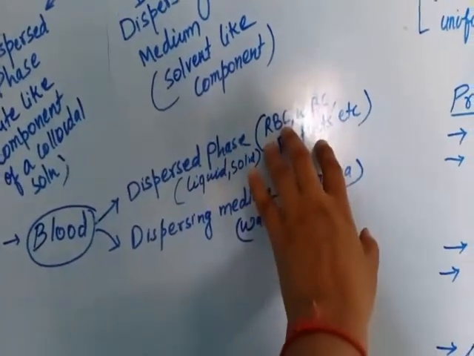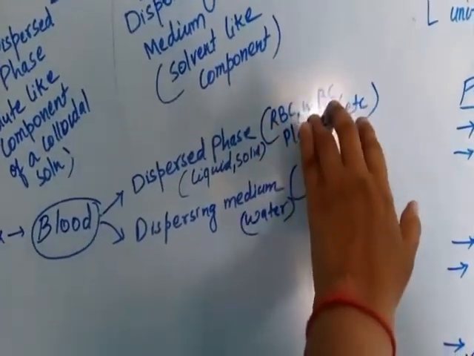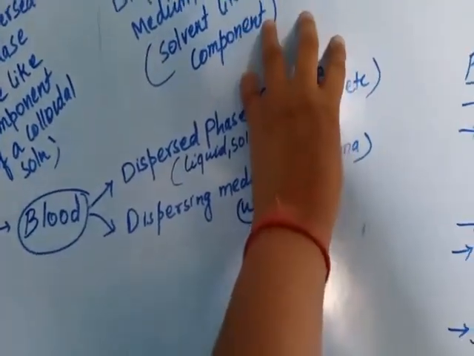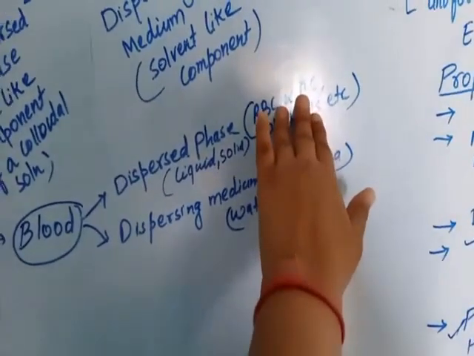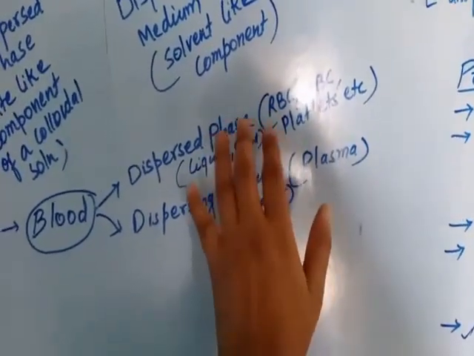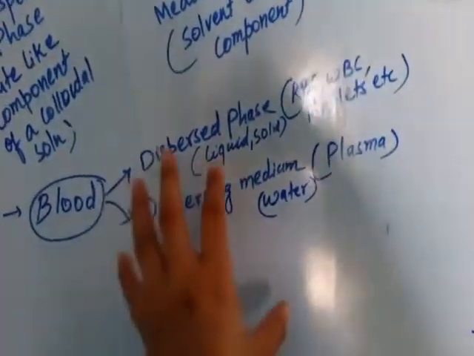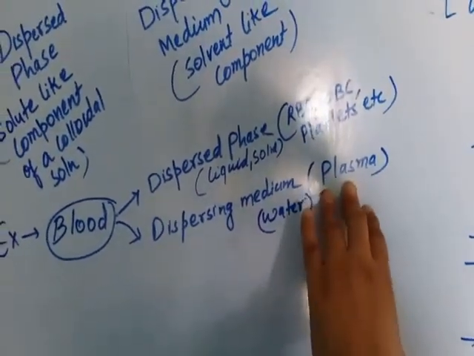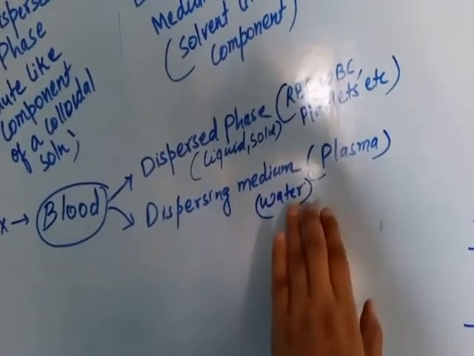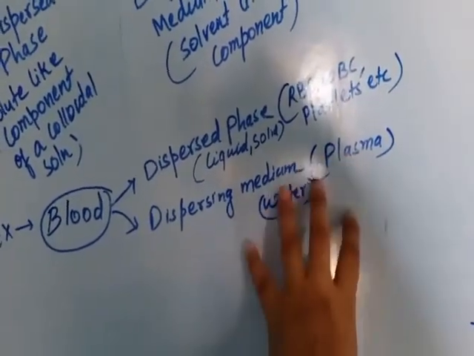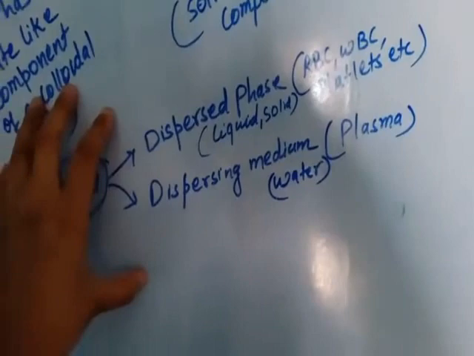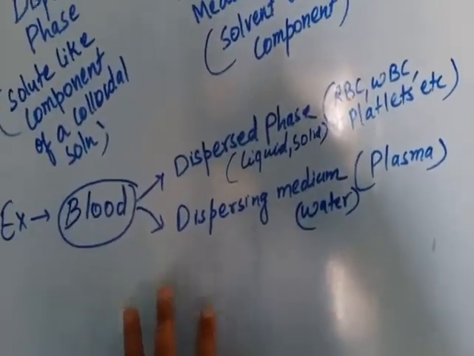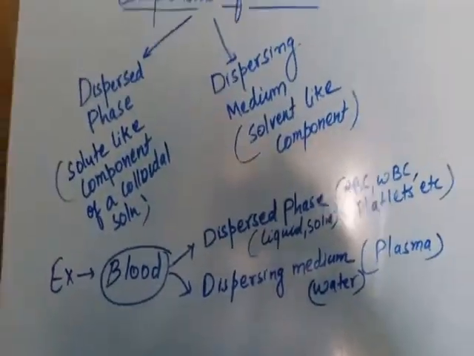Because the dispersed phase contains RBC (red blood cells), WBC (white blood cells), platelets, and it also contains some fat, digested food particles, etc. So the dispersed phase is in both liquid and solid states. Whereas the dispersing medium contains the plasma, the liquid component of the blood, so it is in the form of water, or we can say in the liquid state. So blood is a colloid with a solid and liquid dispersed phase and a liquid dispersing medium respectively.